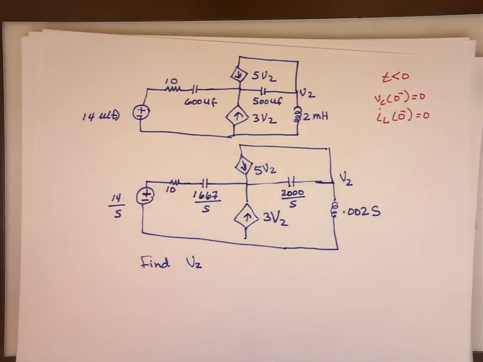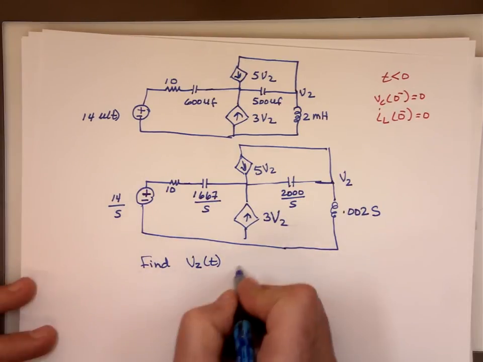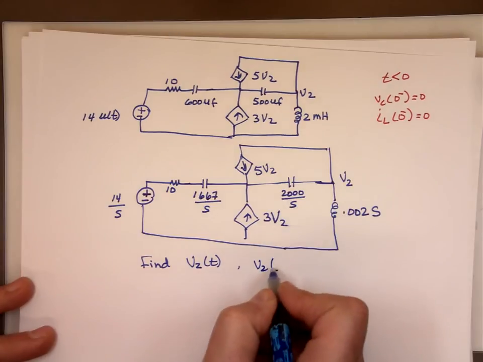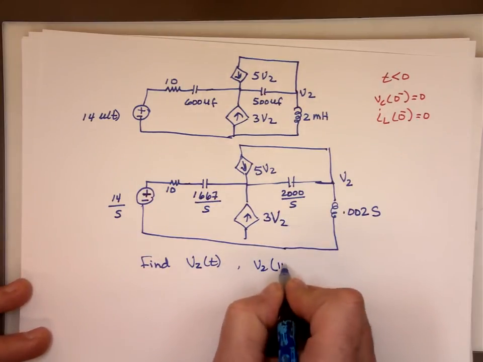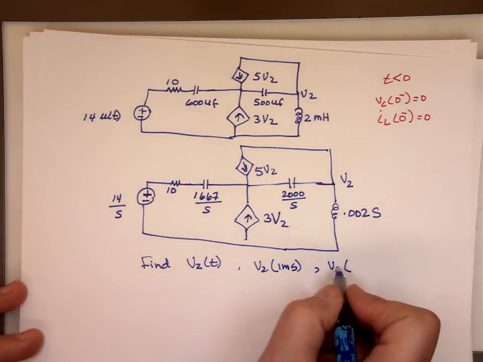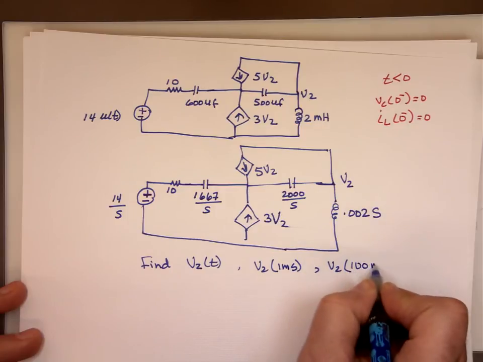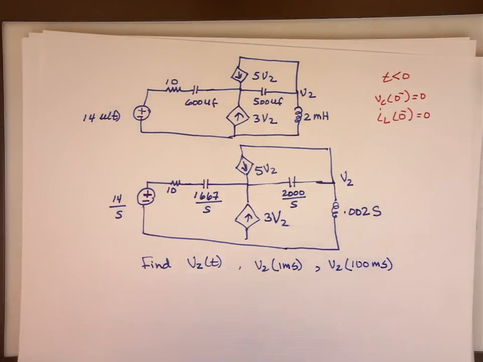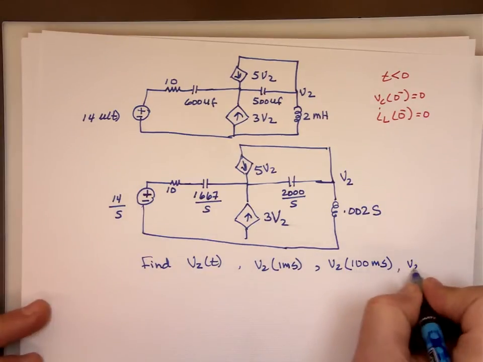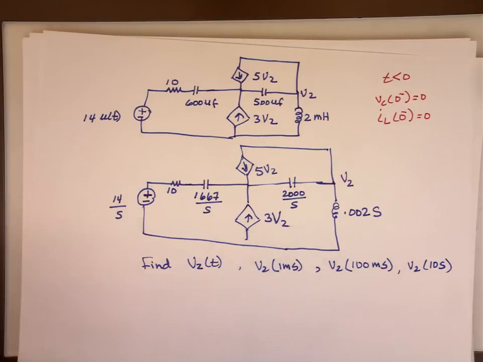First we'll find it as a function of t, then we'll plug in the values. Then they go, what is V2 at 1 millisecond? What's V2 at 100 millisecond? You know, they take us through trying to find out what's going on there, and the next one at 10 second. Well, if you know V2 as a function of t, then you're done with the rest of them.